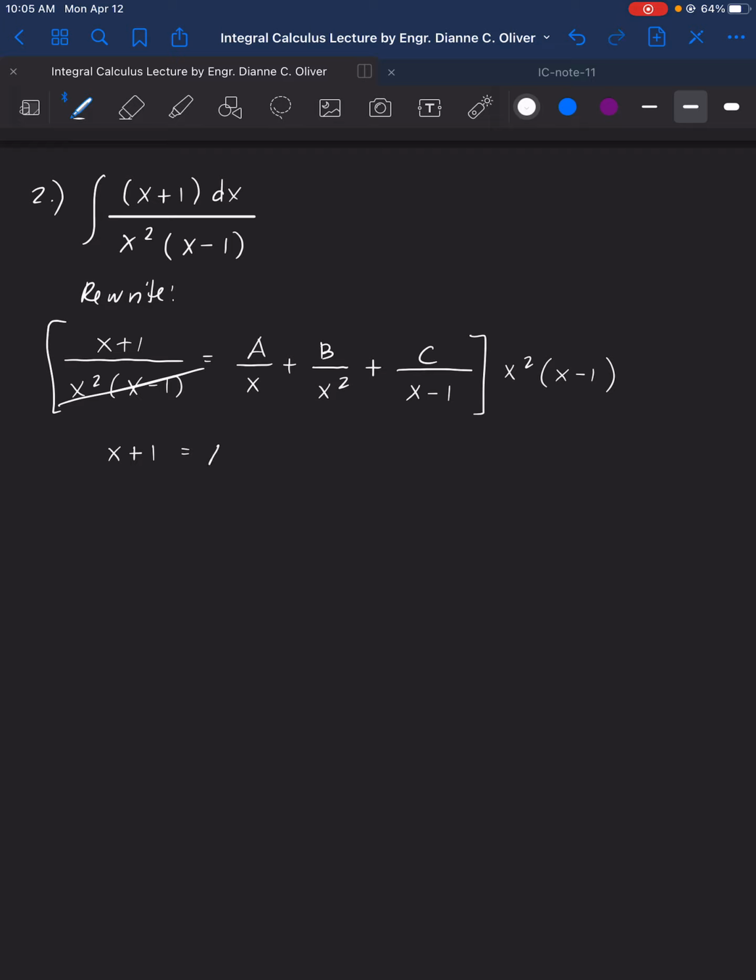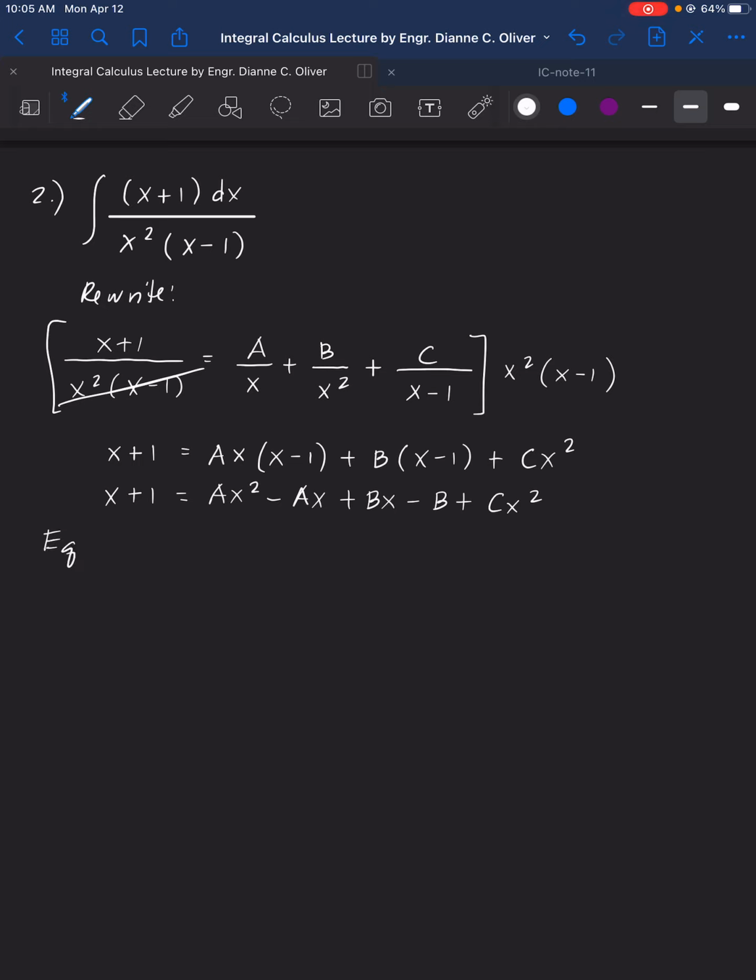So what's left is a x times (x minus 1) plus, do it with b. So what's left there will be x minus 1. For c, we have c x squared. So x plus 1 equals ax. So I'm not gonna use the substitution method. So I will just distribute it. a x squared minus a x plus b x minus b plus c x squared.